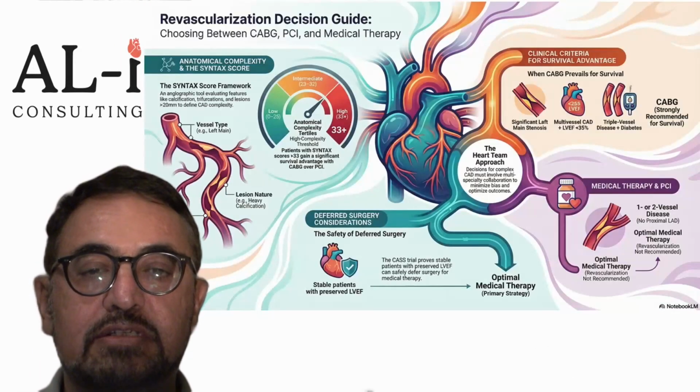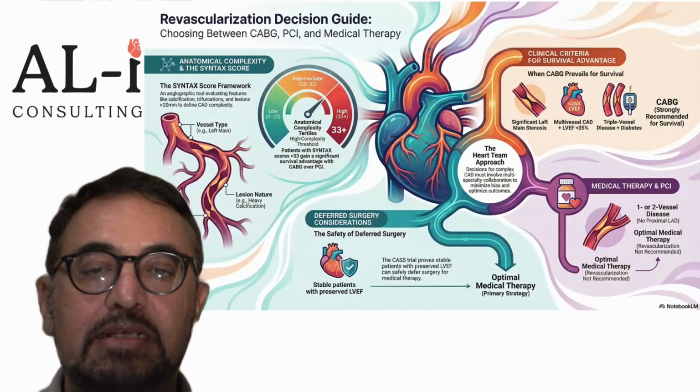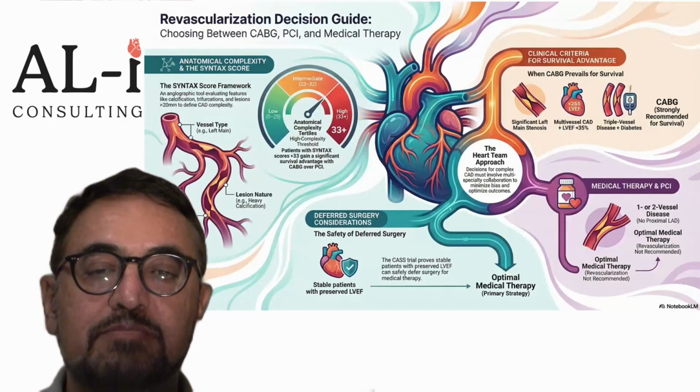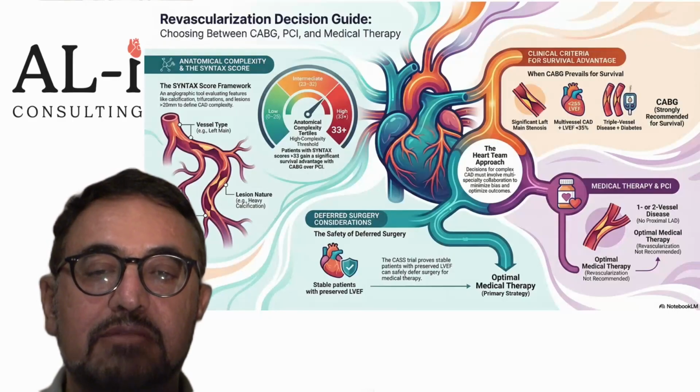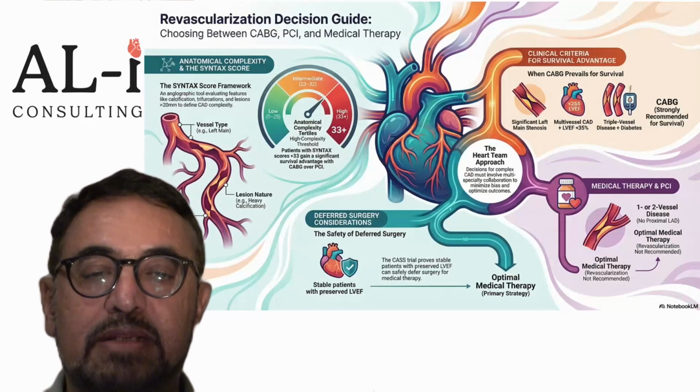When revascularization is needed, the next question is whether to use PCI or CABG. This decision should ideally involve a heart team approach, especially in patients with complex anatomy. The SYNTAX score helps quantify anatomic complexity. In patients with simpler coronary disease, PCI and CABG may have similar outcomes, but in patients with complex multivessel disease, especially those with diabetes, bypass surgery is often the better option.